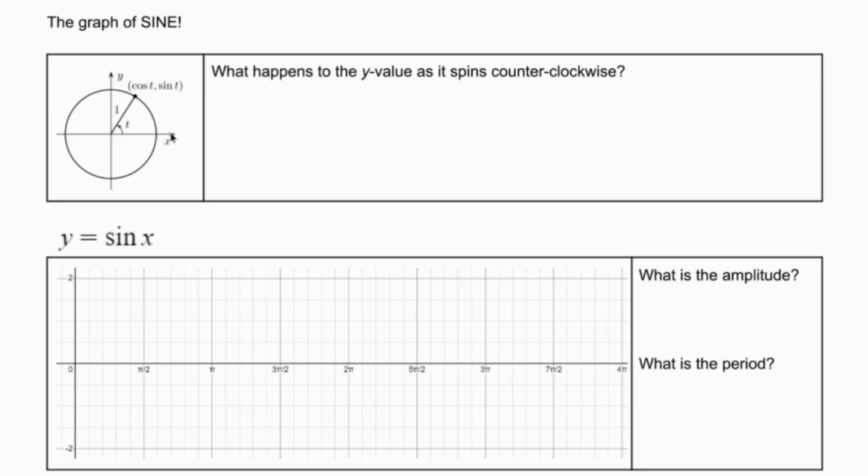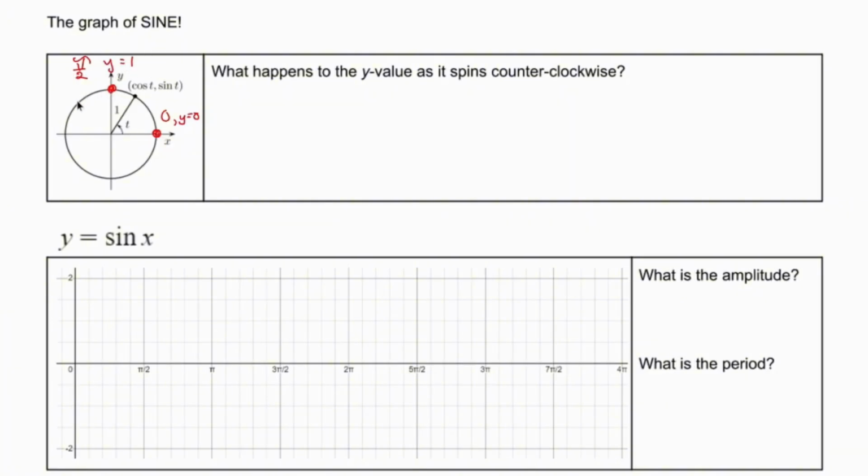In other words, as I'm right here starting out at 0 radians, what's my height? Well, it's at 0. As I spin it around, my height is increasing, increasing, increasing, and then it's going to peak out right here at pi over 2. What is my height now? Well, if the radius is 1, my height is going to be y equals 1.